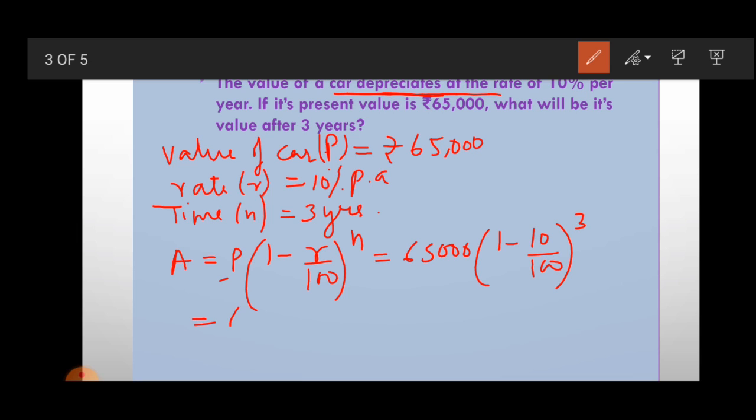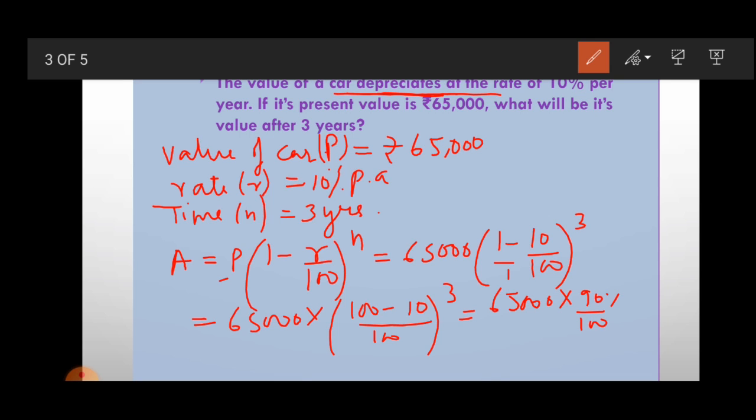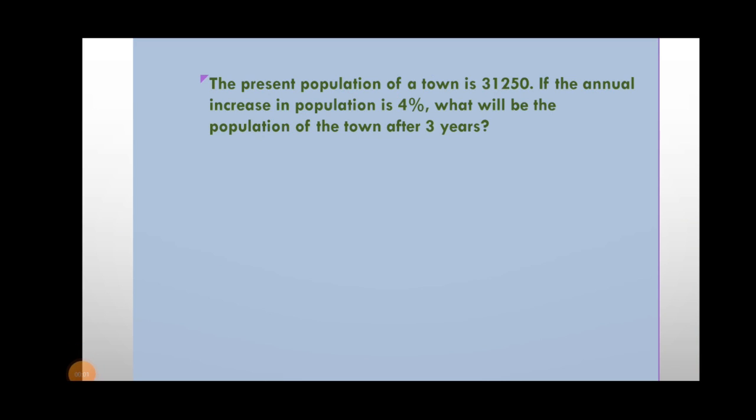On solving this, we get 65,000 into, take the LCM, ((100 - 10)/100)^3, which is equal to 65,000 into 90/100 into 90/100 into 90/100. On solving this, we get rupees 47,385. So after 3 years, the value of the car will be 47,385.